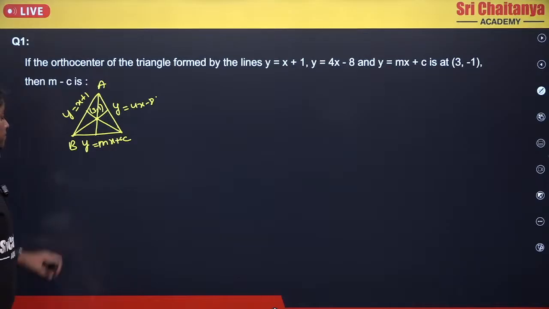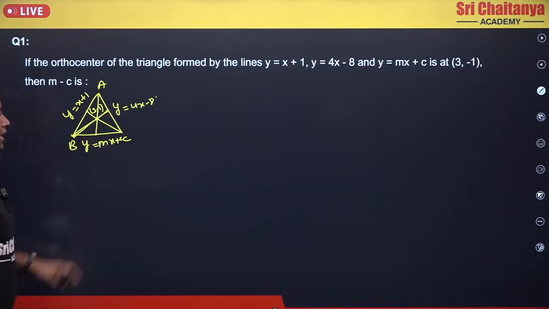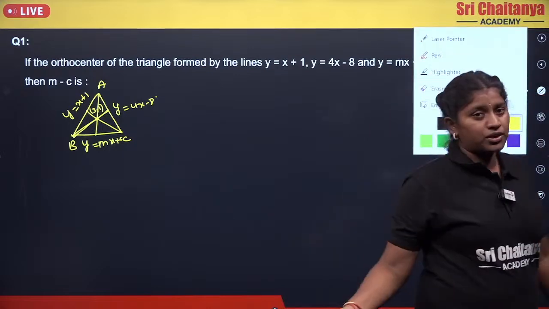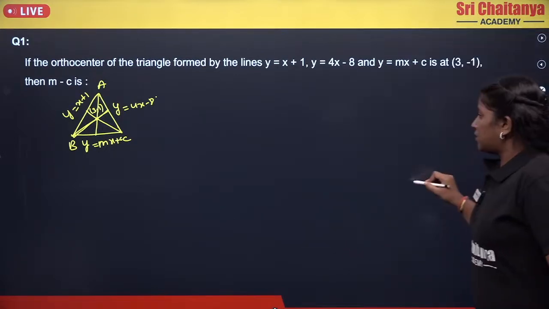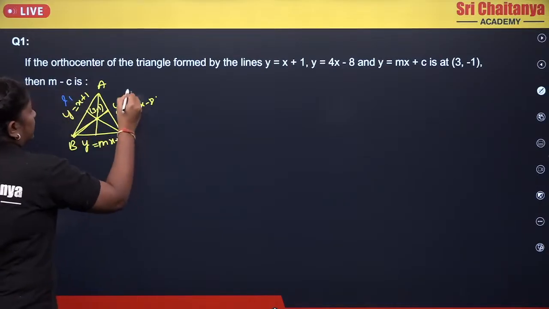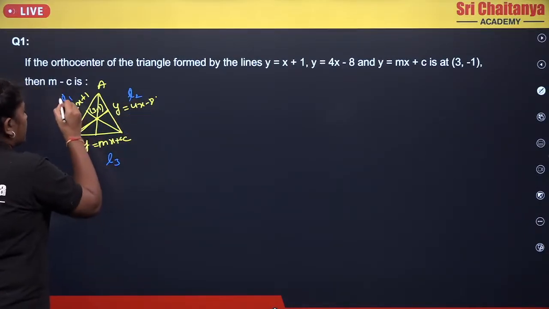Understood? Now how can we get the point B? We can get point B because it is the intersection of the perpendicular of line L2. Let's name the lines so that you get a clear idea: this is L1, this is L2, and this is L3.